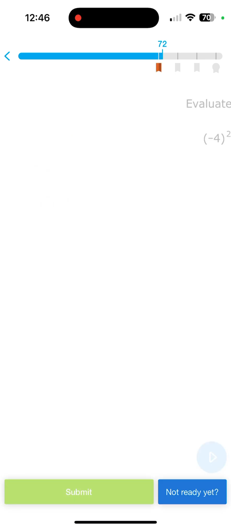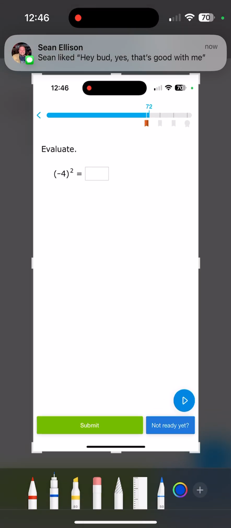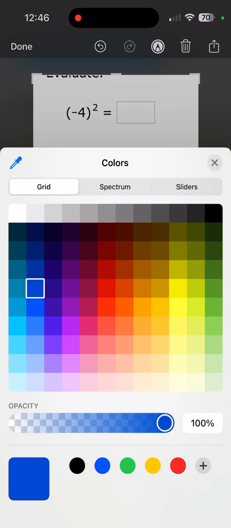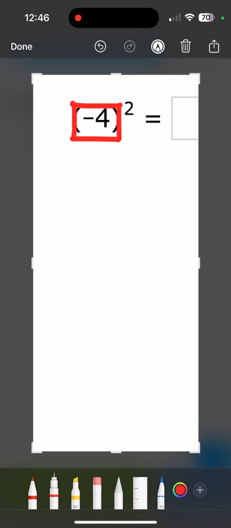So tricky. Alrighty. This one we're already used to solving things like that. So let's go ahead. Since the -4 is in the parentheses here, that means this is going to times itself 2 times, right?